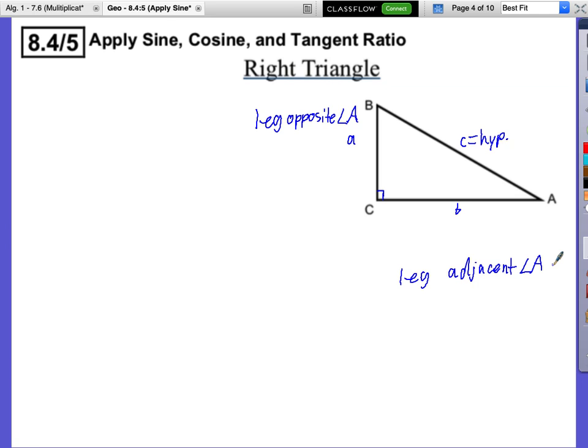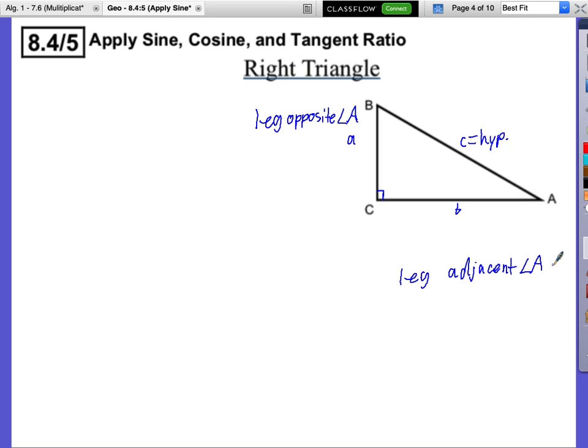Now you might say, well, Mr. Kostel, but isn't it also adjacent to or next to angle C? Well, how many legs are adjacent to angle C? Two. Both of them are. So if we call it the leg adjacent to angle C, will that help us know which one we're talking about? But how many legs are adjacent to angle A?